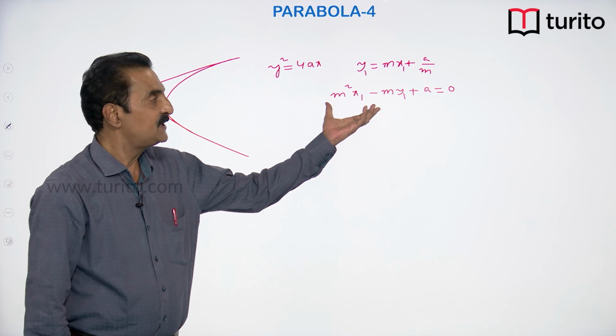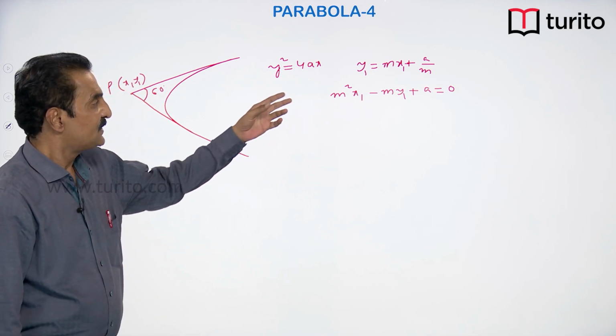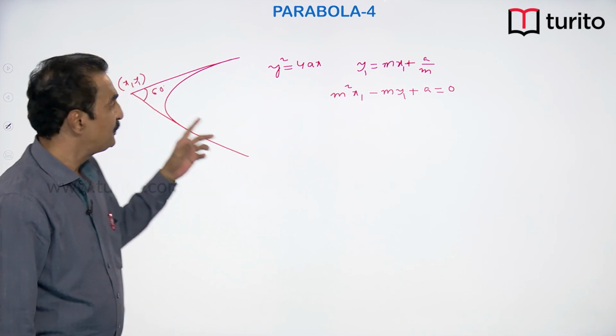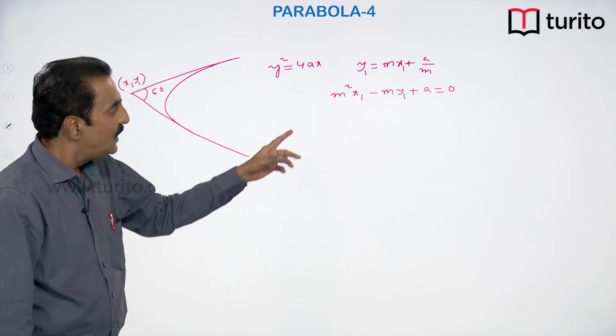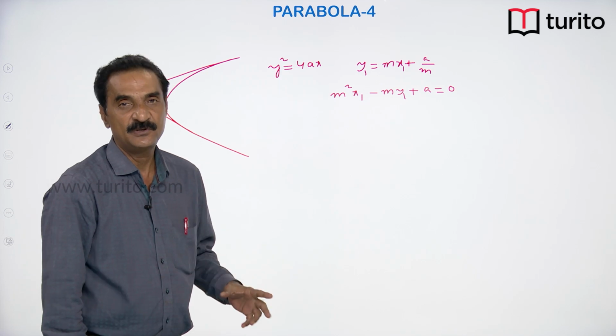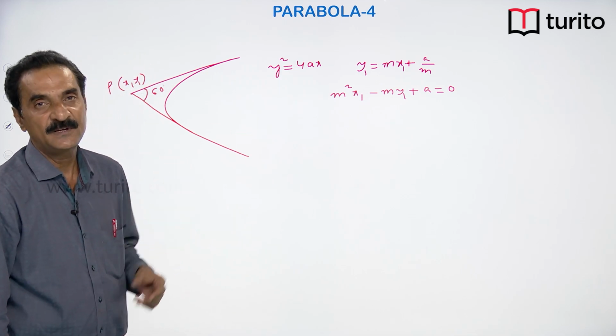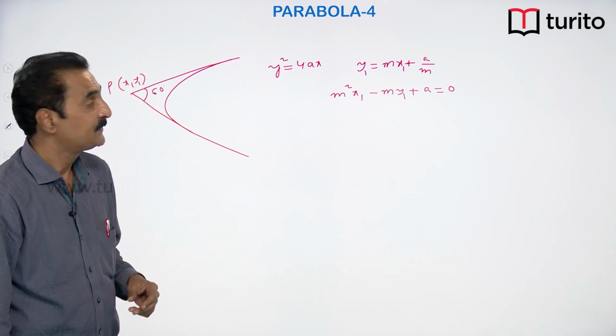The slopes of the tangents passing through x1, y1 to the parabola y square is equal to 4ax are the roots of this quadratic equation. You refer the notes, it is one of the theory points given in the last class.